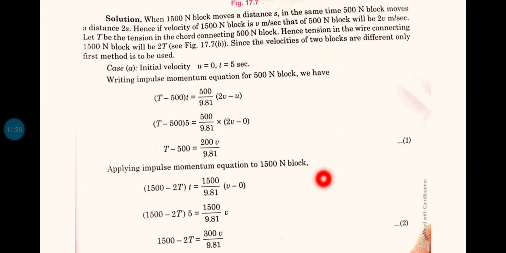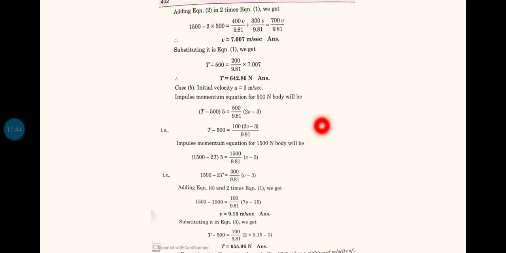From that again we will get a relation connecting tension T and velocity v. Both tension and velocity are the same, so solving these two equations, we will get v equal to 7.007 meter per second and T equal to 642.86 Newton.